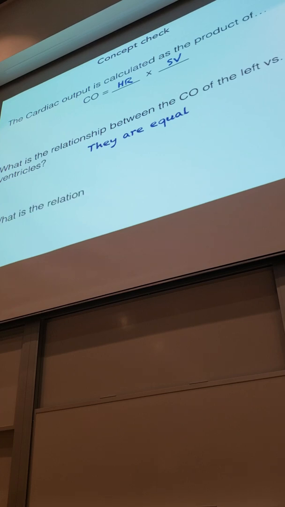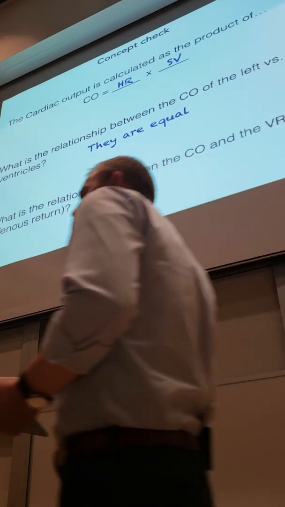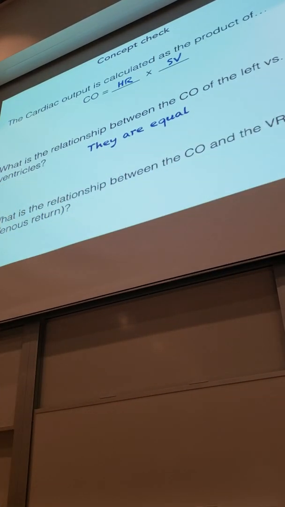Okay. And the last concept I want to jump into is this idea of venous return. I don't think your book defines this, although it spoke about it in conceptual terms at least. The venous return is a value which is essentially the amount of blood coming into the heart per minute.